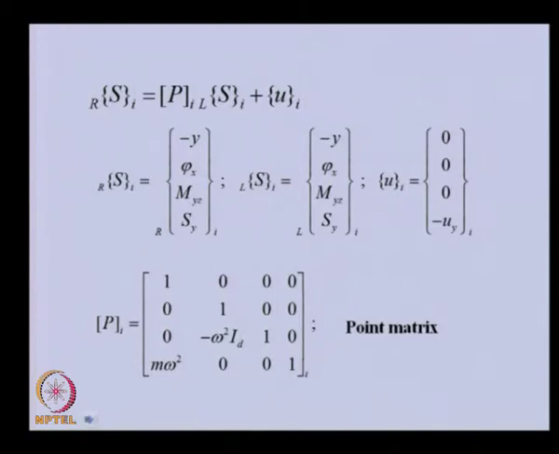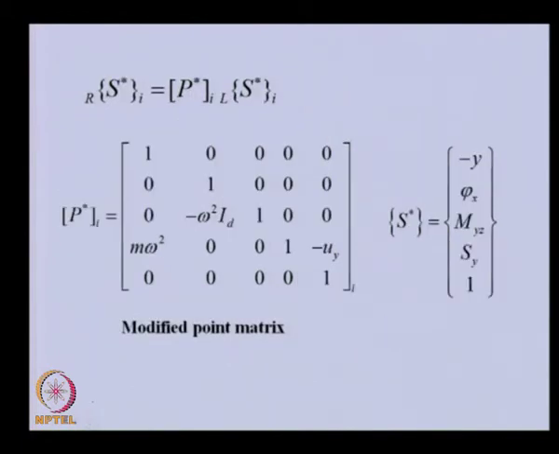Now, to accommodate this external force inside the point matrix, we need to modify the point matrix by adding identity, as we did earlier. So, if we add identity, we can include this external unbalanced force inside the point matrix, which we will call the modified point matrix.